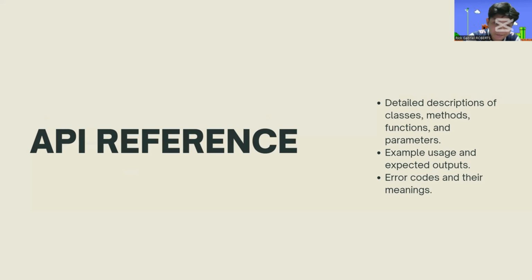Then the API reference. This is a technical guide explaining how to use SDK functions and components. It includes class and function descriptions, which define how each function, method, and parameter works. Usage examples provide sample code or show how a function is used in real scenarios. Error codes list possible errors and their meanings to help developers debug issues quickly.